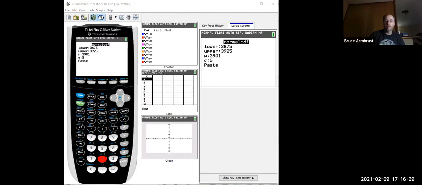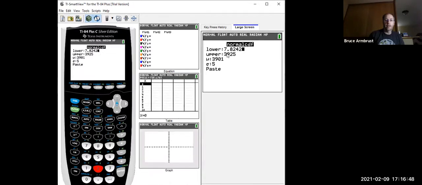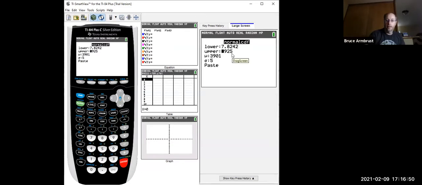In terms of those amounts, the lower was 7.8242. That was our lower cost. And our upper cost was 8.5628. Okay, so those were the bounds.